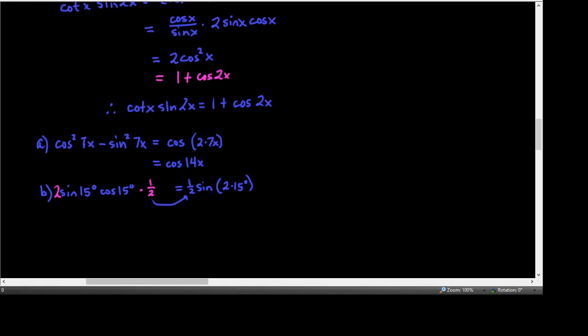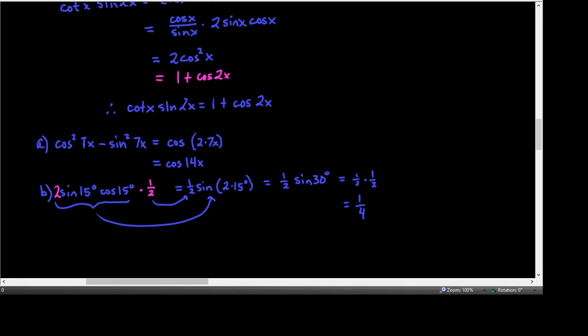It was all of 2 sine a cosine a that became the sine of the double angle. And so this is 1/2 times the sine of 30 degrees. Oh, we know what that is. Sine of 30 degrees is 1/2, so 1/2 times 1/2 is 1/4. There you go.